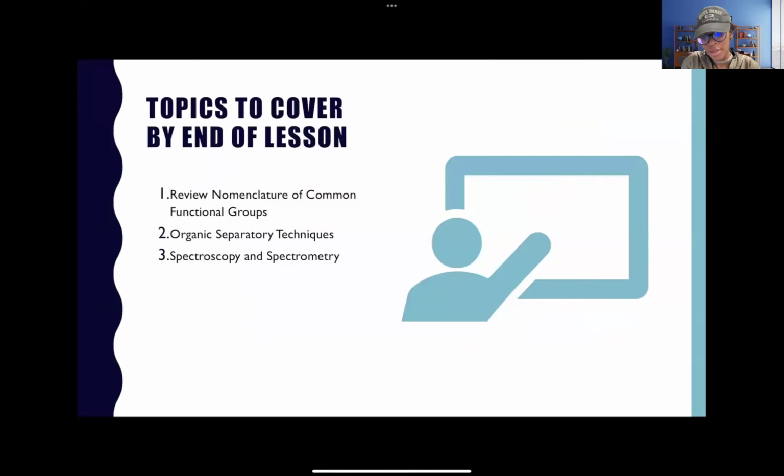Again, reiterating the learning objectives and topics for today: first we're going to review nomenclature of common functional groups. Then we're going to go over organic separatory techniques, specifically ones you might have seen in organic chemistry class, and some you might have seen in your organic chemistry lab, for those of you who took it. Some will be familiar.